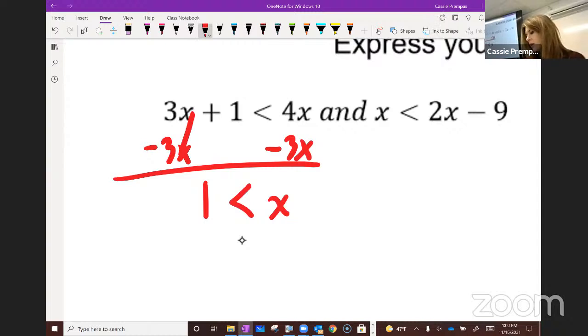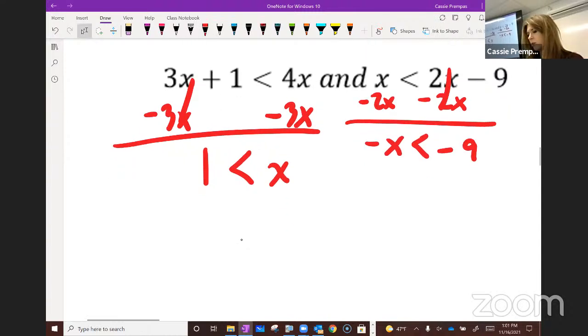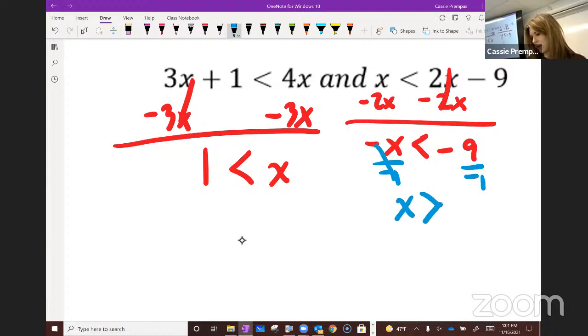And for the one on the right, let's go ahead and subtract 2x, which would leave me with -x is less than -9. How do we get x by itself? Yeah, we're gonna have to flip the sign because we need to divide by a negative, and that will give us x is greater than 9.